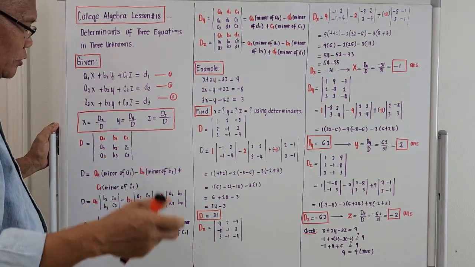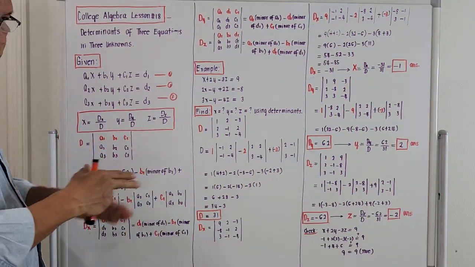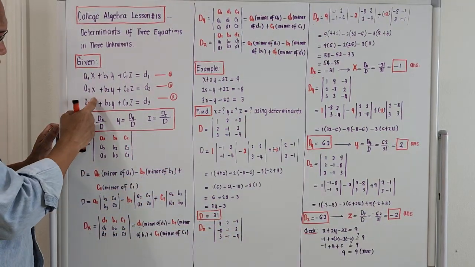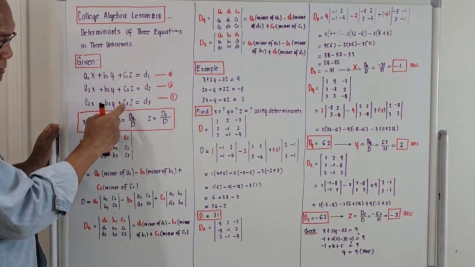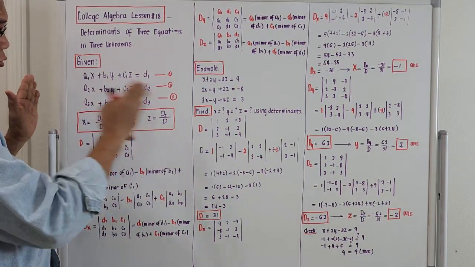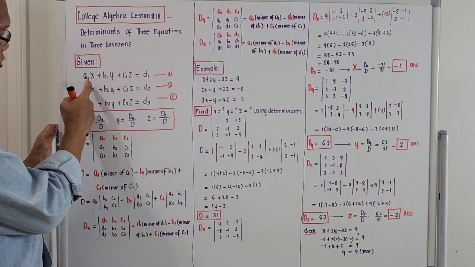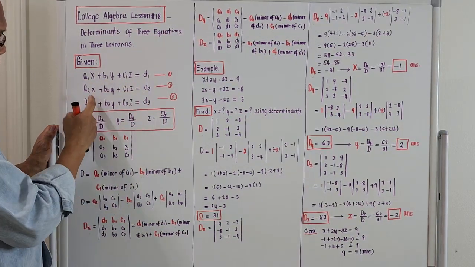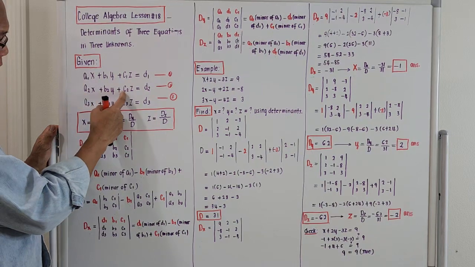For the third equation, it's still three equations and three unknowns. They are all linear, so it will be A3x plus B3y plus C3z equals D3. So for equation number 1, if you try to notice it, the subscripts are all 1, right? For equation number 2, the subscripts are all 2.